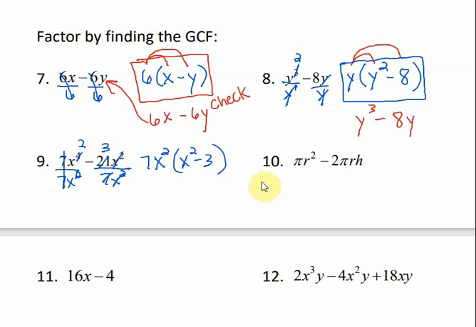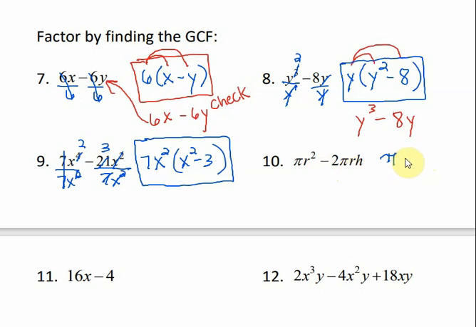Okay, then just in your head, you can check that. 7x squared times x squared would be 7x to the 4th. 7x squared times negative 3 would be negative 21x squared. All right, what do these two terms have in common? Well, I see they both have a pi, and then they both have r's.